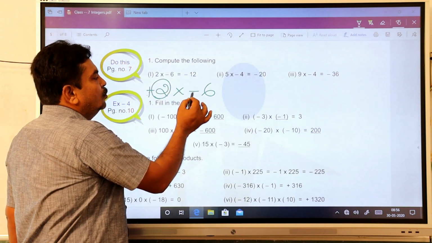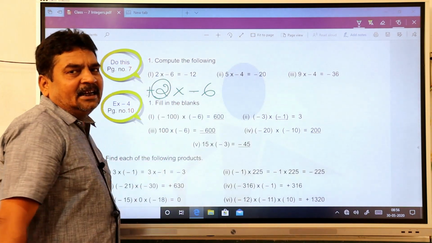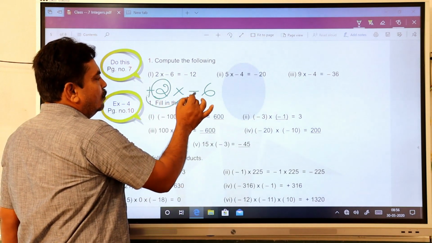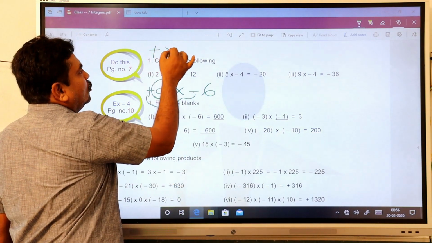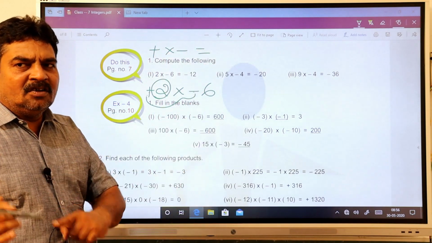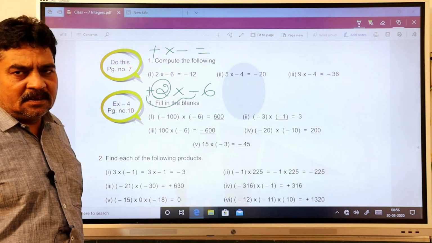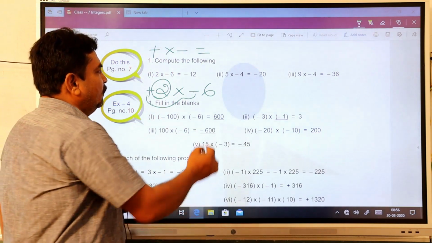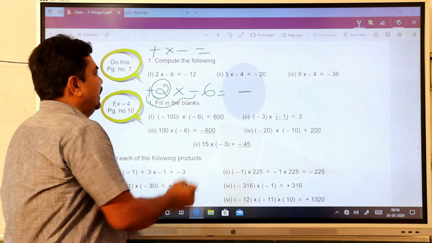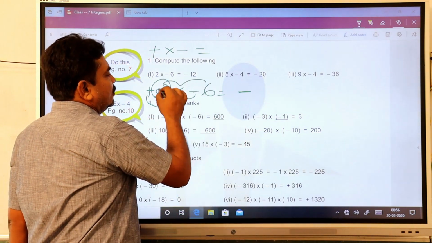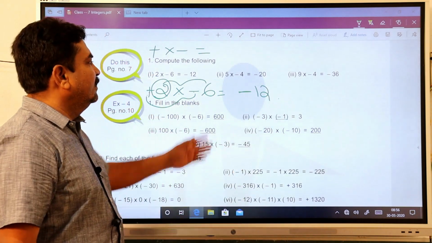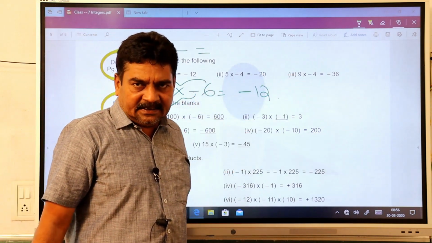First you find out the relation between the symbols. Plus into minus. What do you get? One is positive, another one is negative. Two different symbols, then you get minus. Therefore, first you write down minus in the answer. Then you multiply 2 into 6. 2 sixes are how much? 12. In the same way this, in the same way this.